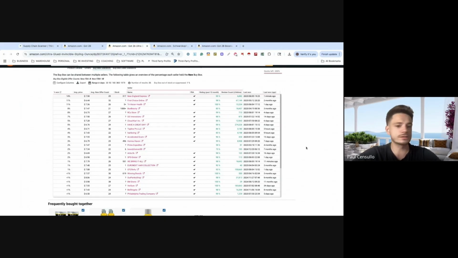So we have 14%. I'm just going to do some math here. We have 3%, 755, 2%, 747, 2%, 734, and then essentially call it another 4% for all of the bottom ones.